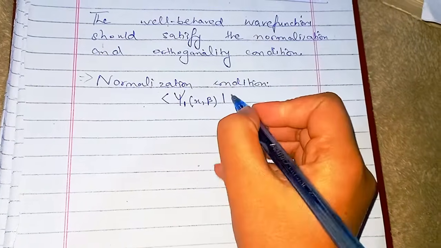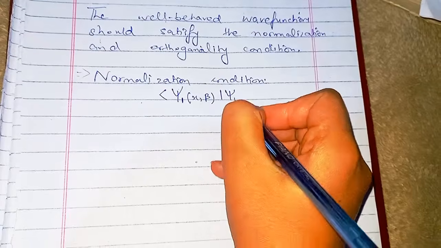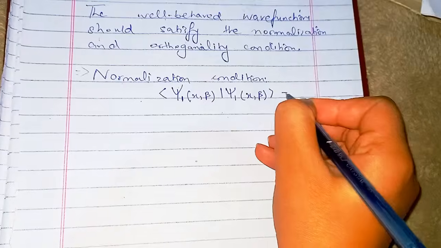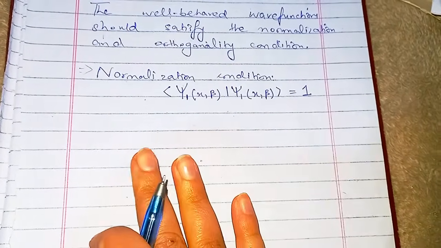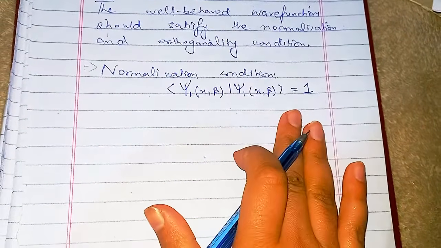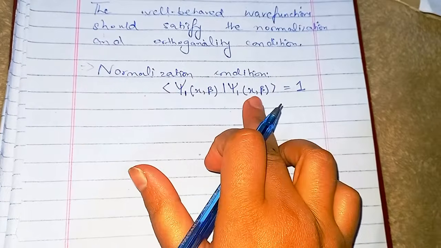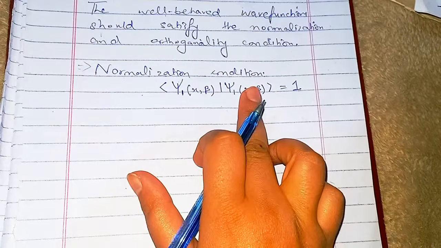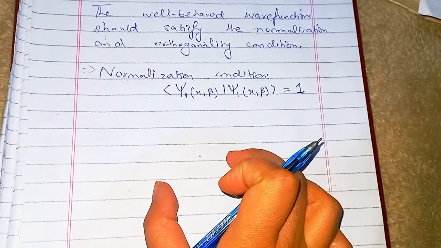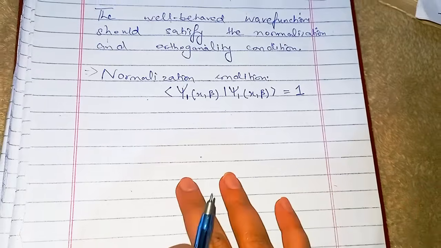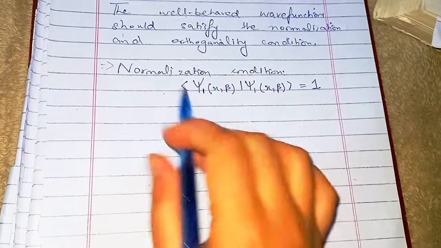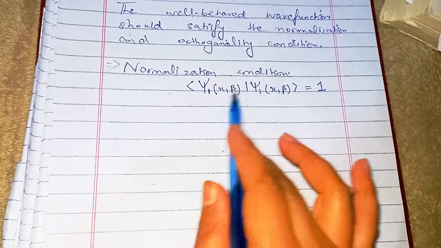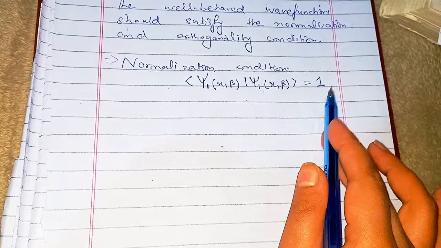Its scalar product with itself, over our whole space, should be equals to 1. That is the normalization condition in ket-bra notation. Okay, that's the ket and that's the bra, and that's the ket-bra notation that shows the normalization condition, and we'll write them in integral form as well later. Okay, we are just writing it in ket-bra form here. So in normalization condition, what happens is that the self-scalar product of a wave function is always equals to 1.